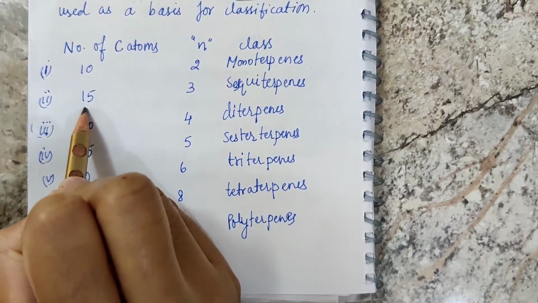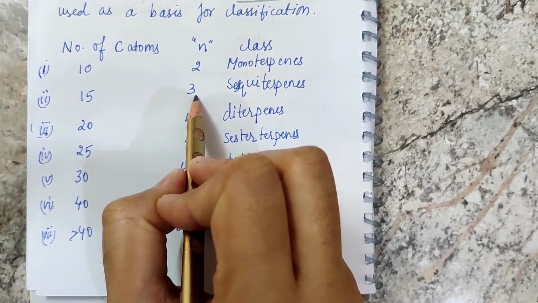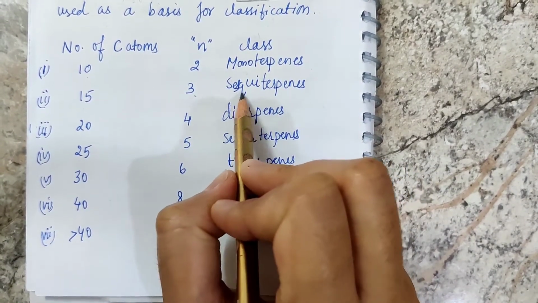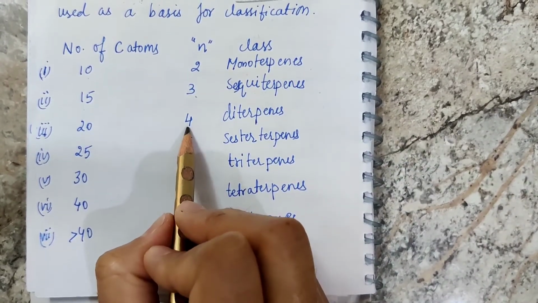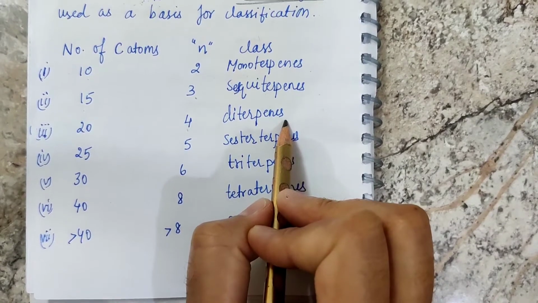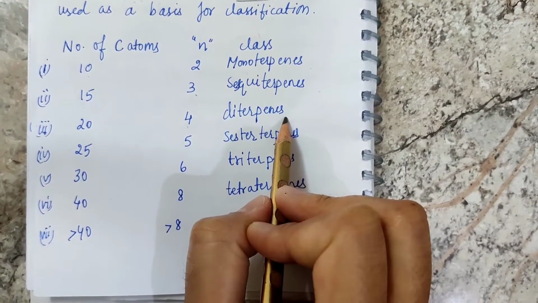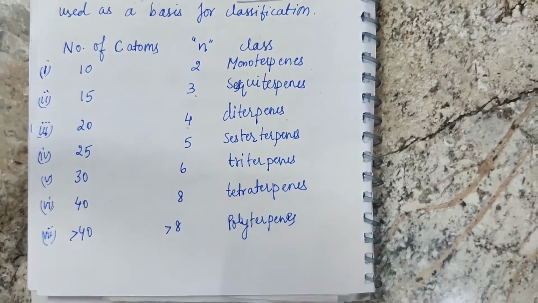If the number of carbon atoms is 15, that means 3 isoprene units are joined together, then it is named sesquiterpenes. If 4 isoprene units are there, it is called diterpenes. We have seen the example of retinol. Retinol has 4 isoprene units, so it is called diterpene.